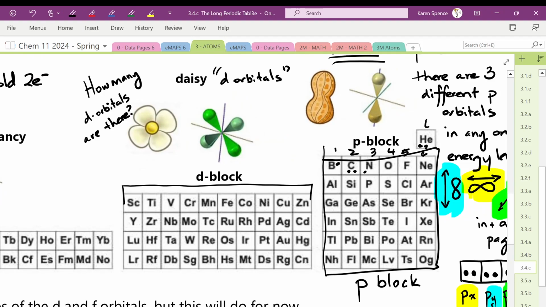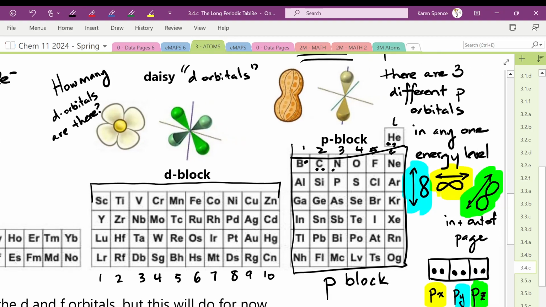Does anyone think they figured it out? One person. Anyone else? So there's 10 things there. Are there 10 d orbitals? How many p orbitals were there?